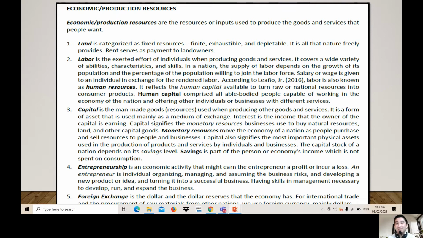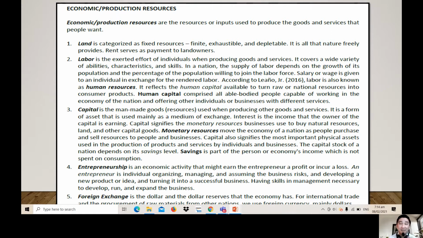So kapag nag-create ng employment, mababawasan yung unemployed dito sa Pilipinas. Okay? And tataas yung labor force natin. Ayan. So, tataas, maraming magkaka-income. If maraming magkaka-income, maraming hindi magugutom. If hindi nagugutom, hindi gagawa ng krimen. 'Di ba? Connected kasi lahat 'yan.